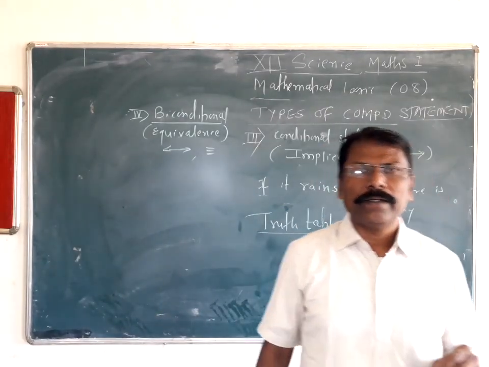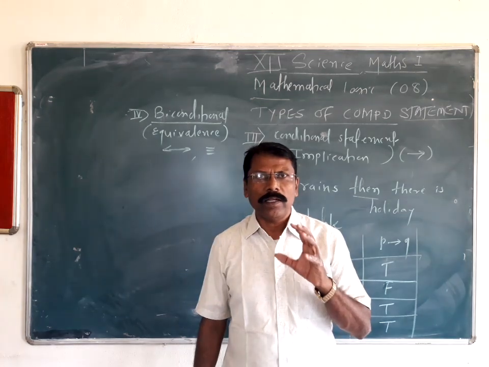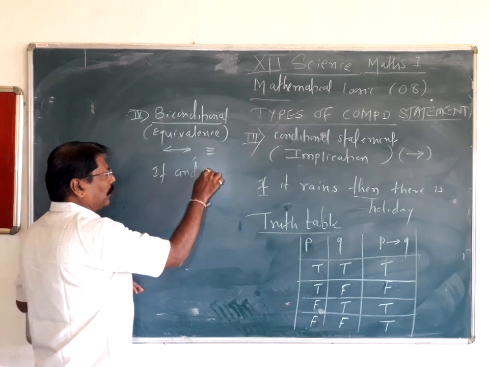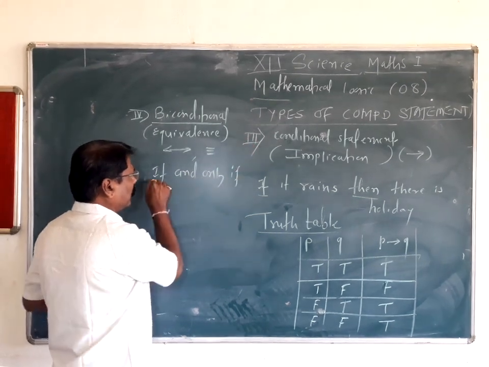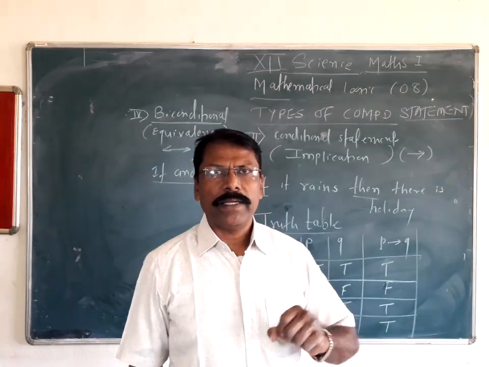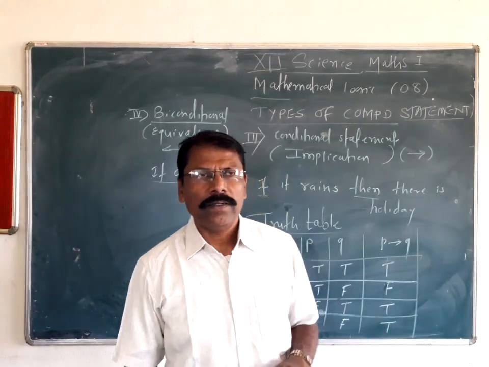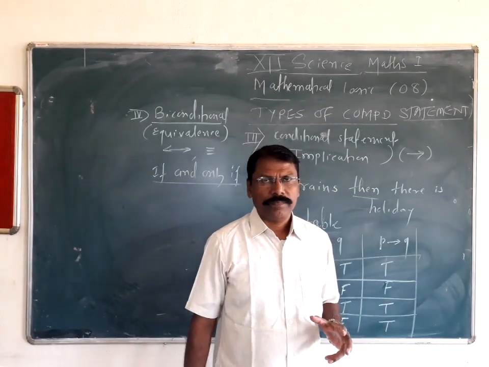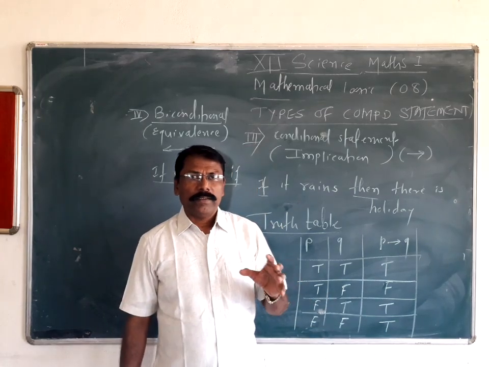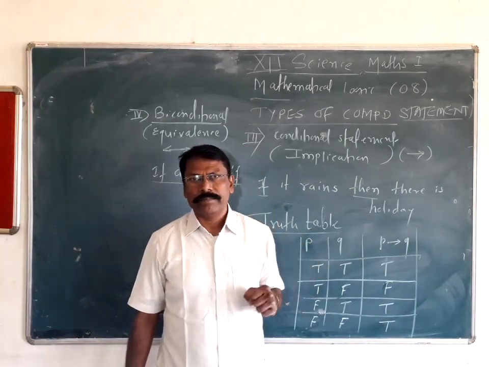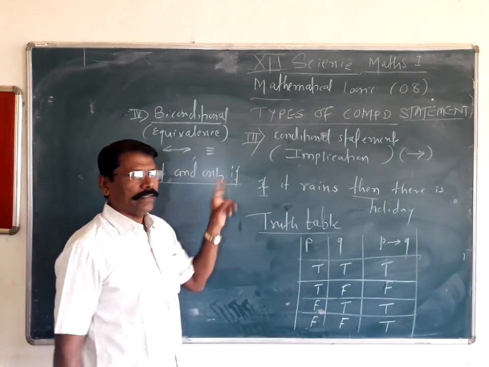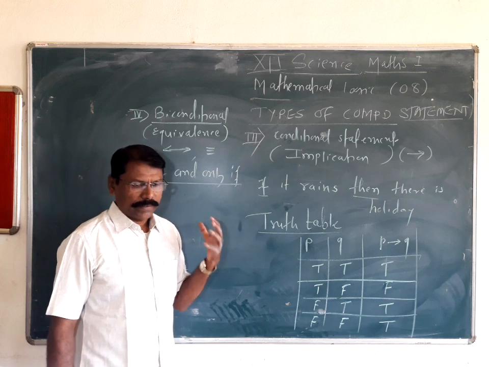A compound statement which is obtained by the logical connective if and only if is called a double implication, biconditional, or material equivalence. It is very important because for equivalent statements the logical truth values are the same, the logical meaning is the same, so it has a double condition: if then, and conversely if and then.